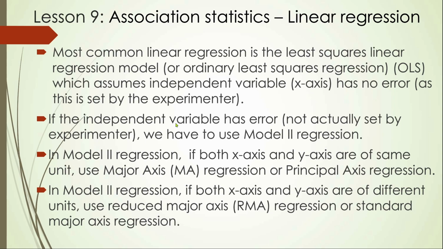So now let us carry out regression analysis in Excel and PAST. Excel has a module for model 1 regression but not for model 2. Therefore, for model 2 regression, we will focus on PAST. Please take note that these are for interval and ratio scale data.